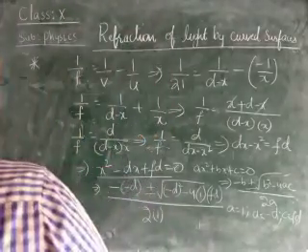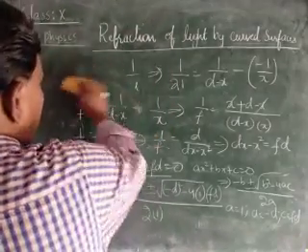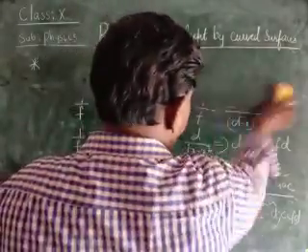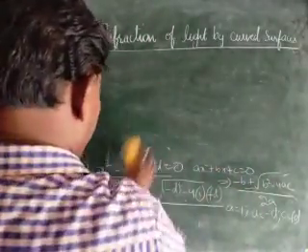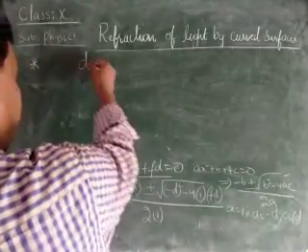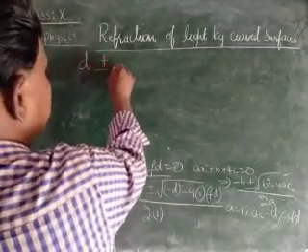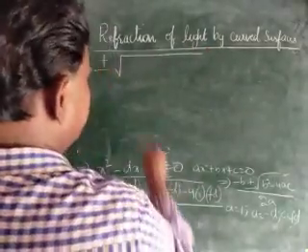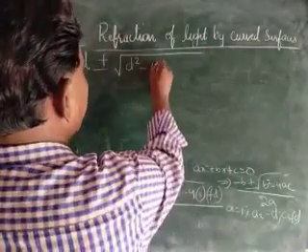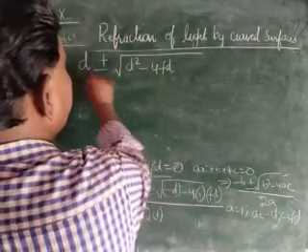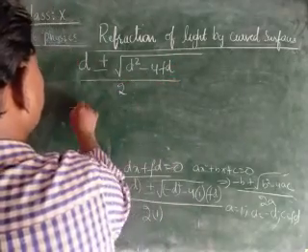Now again I am rubbing. We get d plus or minus square root of d square minus 4fd, by 2.